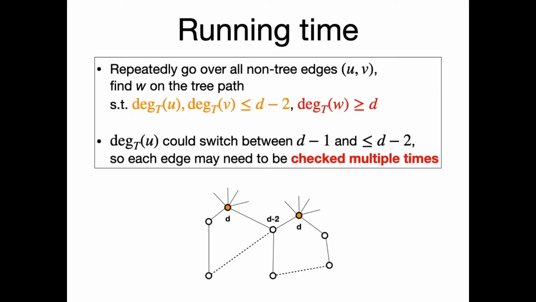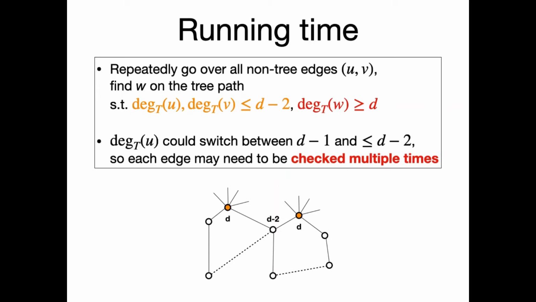Now let's discuss what prevents a linear running time. In the old algorithm, it repeatedly goes through all non-tree edges and finds edge switches. The bottleneck is that the degree of any vertex could possibly switch between d-1 and d-2 many times, and therefore the algorithm has to check every edge multiple times.